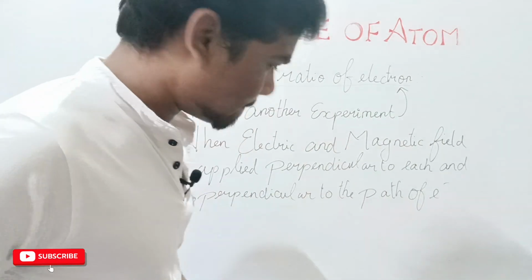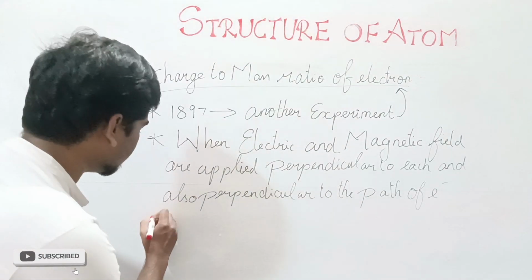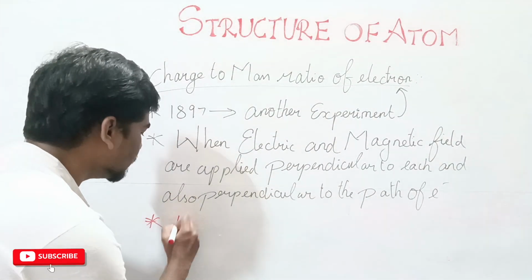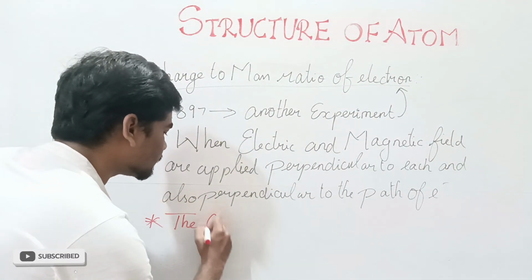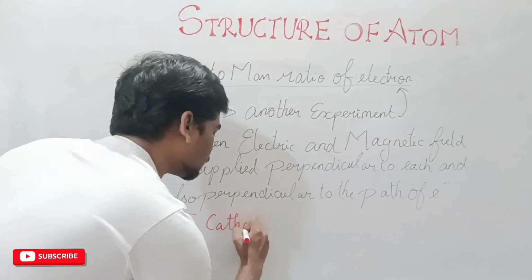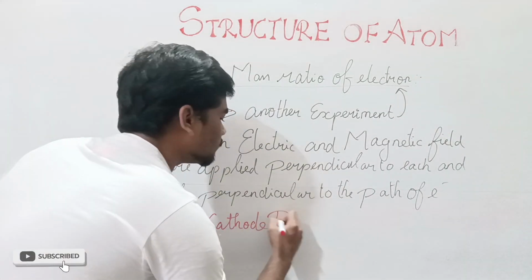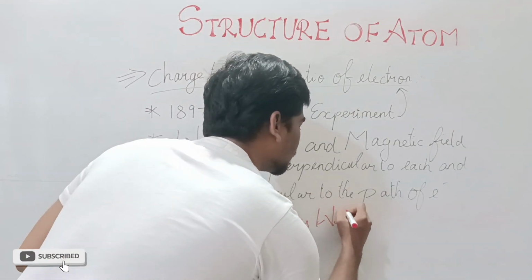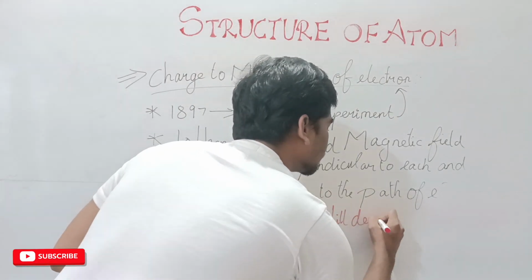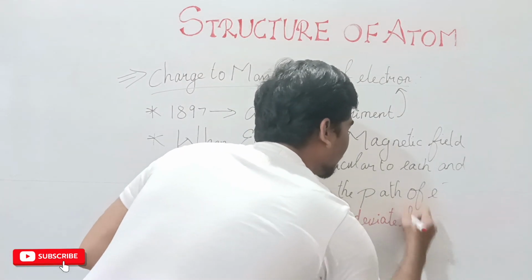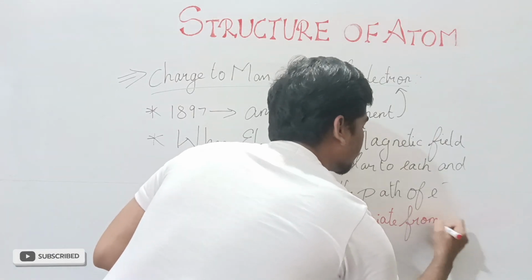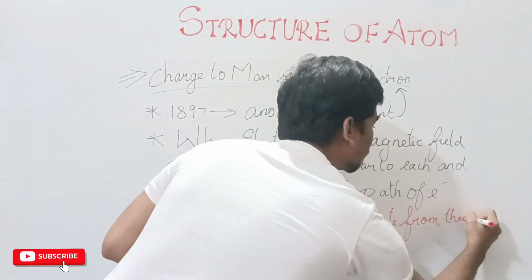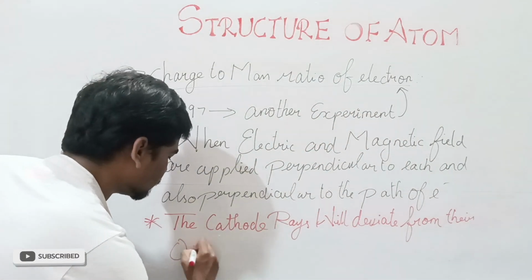So he said that the major conclusion from this experiment is the cathode rays will deviate from their original path.